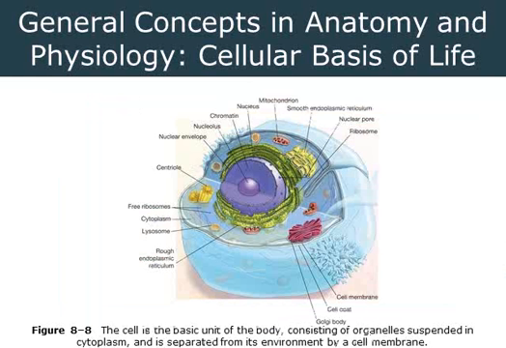Okay. So we talked about membrane potential and the process of exchanging the various electrolytes across there. So we're going to move on now to cellular structure and function. Here we have an example of a basic animal cell with a cell membrane.